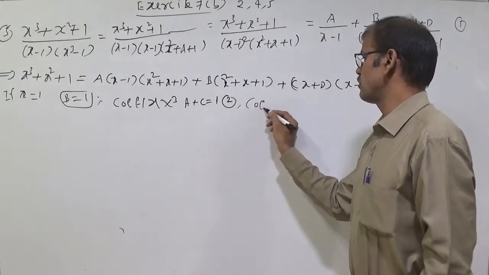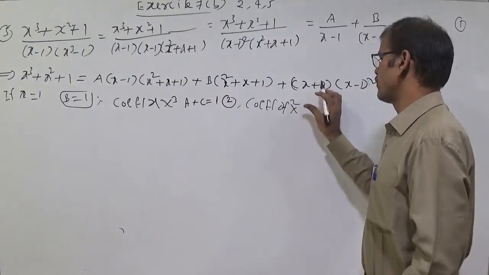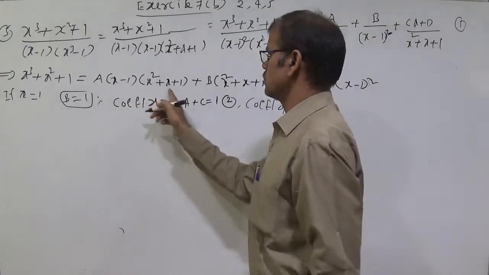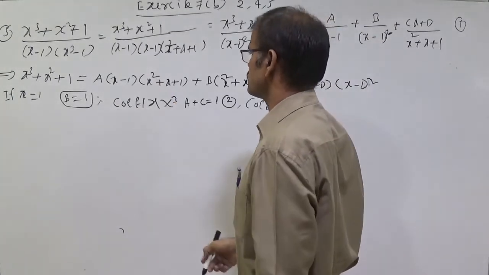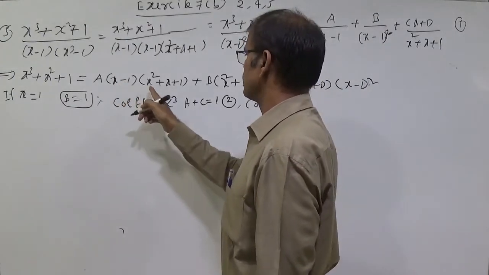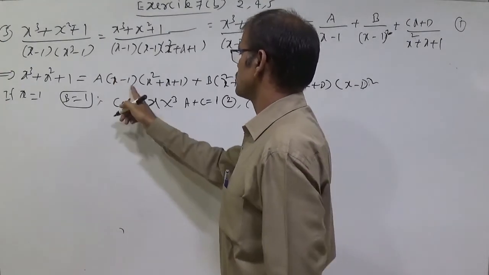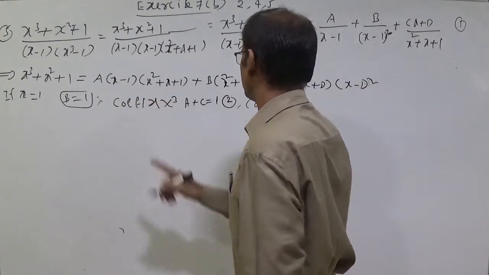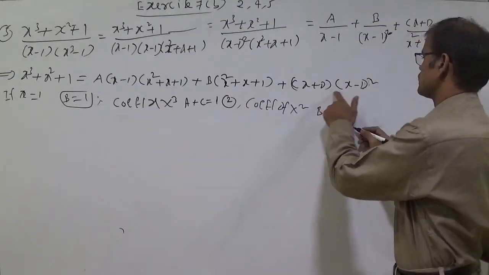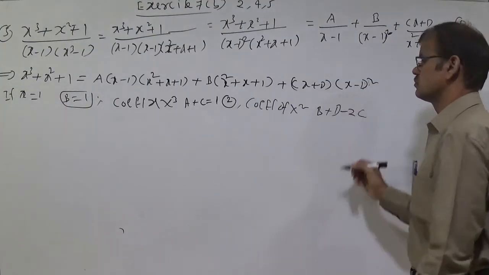Next I am writing the coefficient of x square. Here x into x gives A, and this is minus A, so it becomes 0, because minus A into x square plus A into x, no need to write here. Here B is there: B plus D minus 2C.